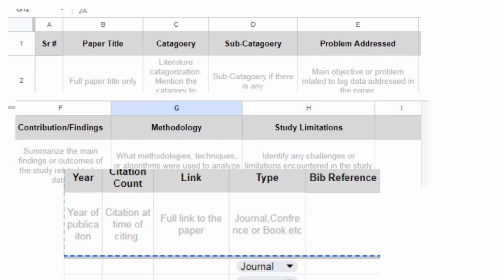Similarly, your citation count, link to the paper, the type of the paper, and the bib reference are also very important. Let me give you an example of the bib reference. You have collected 200 papers, and you haven't collected the bib reference data. Then in the next phase, reporting, when you go to write your paper in LaTeX or Overleaf, you haven't collected the bib reference.